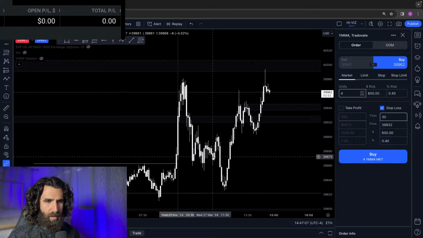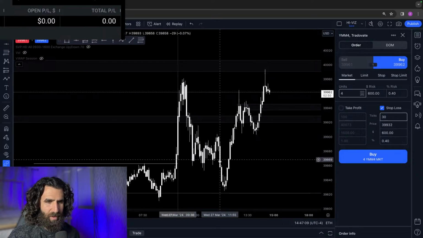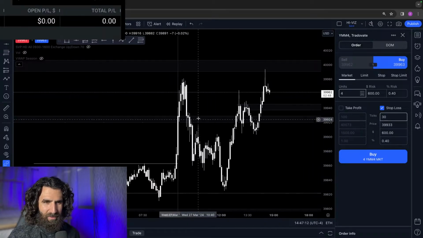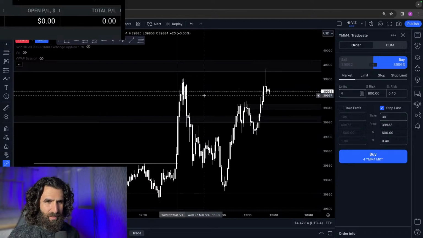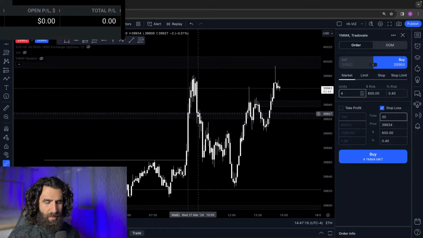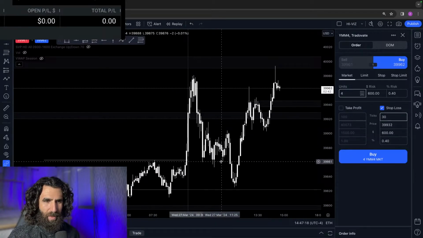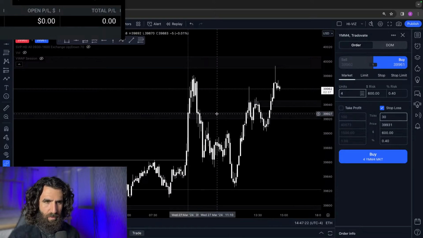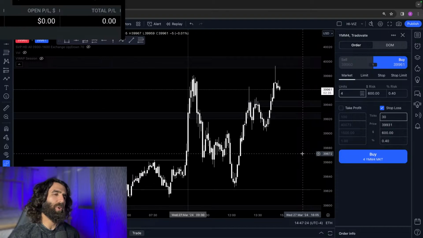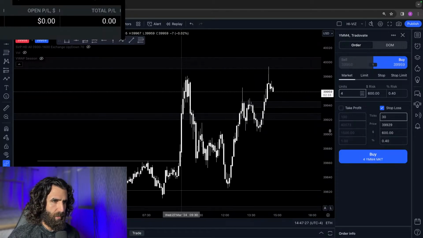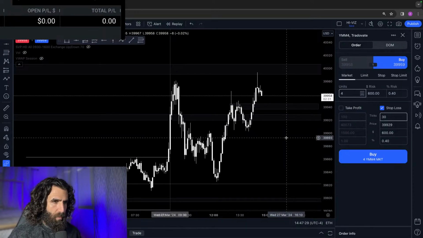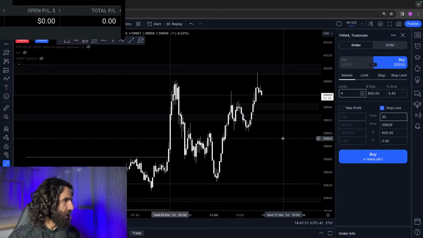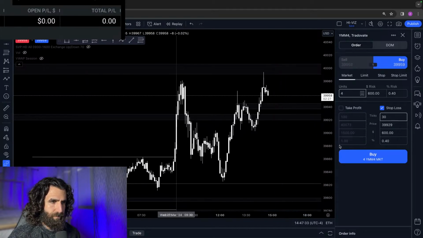I watched it till about this 11:30 mark, somewhere around here. As it was breaking down, I wasn't quick enough to flip to sells, but after a push up like this, I'm not looking for a sell on the first pullback down. I'm looking for buys the whole way. I just didn't get a push up high enough to confirm that it was pushing up, so that kept us out of some losing trades. But we'll see if we can't get something on this one here.